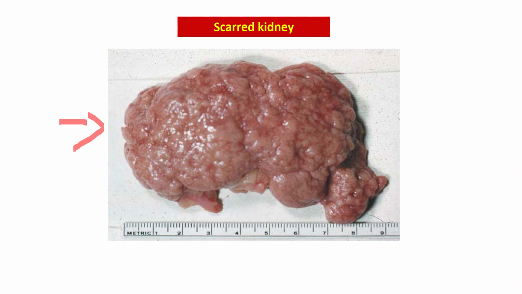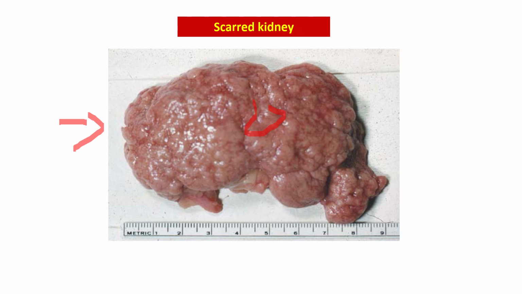As we will see later in the histologic picture, most of the architecture is lost. Microscopic architecture as well as the gross architecture is lost. The differentiation between the cortex and medullary area is lost, and there can be presence of multiple broad scars or fibrous tissue.